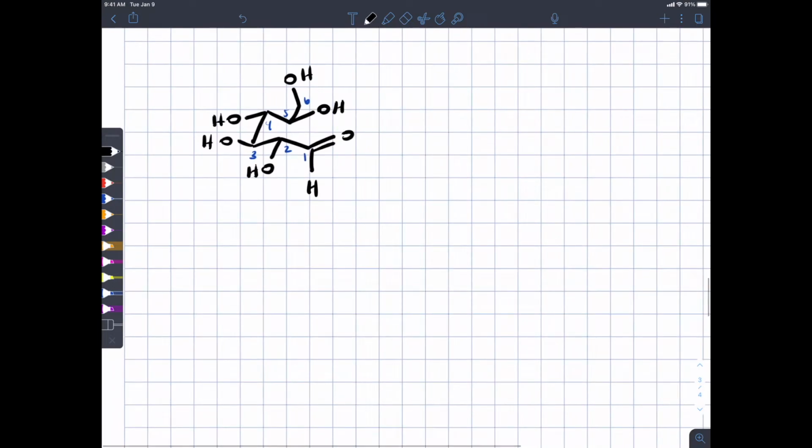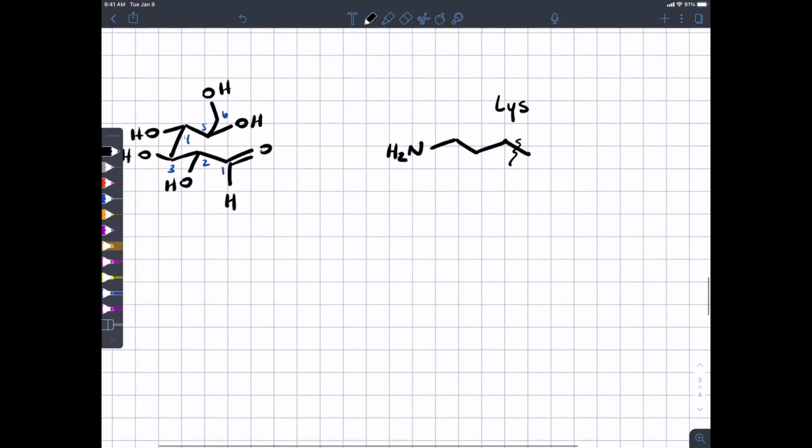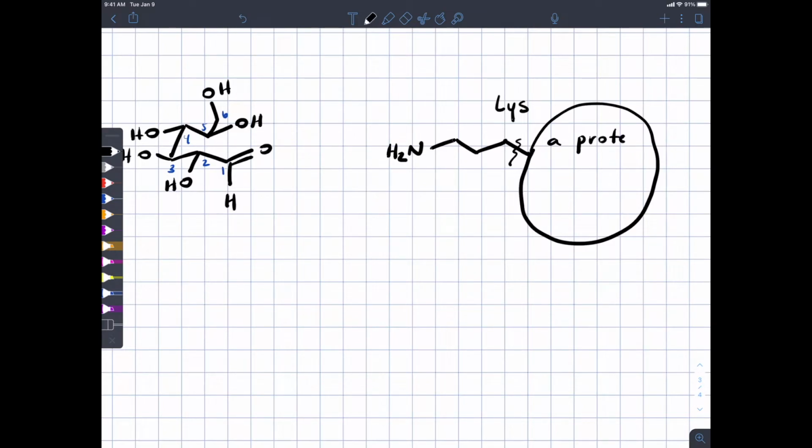In particular, a group that's nucleophilic is an amino group, and many proteins have a primary amino group on their surface. For those of you that know anything about amino acids, this is the lysine side chain. And we're going to put that on a big circle that's going to represent a protein.